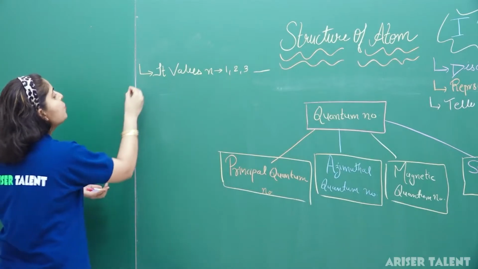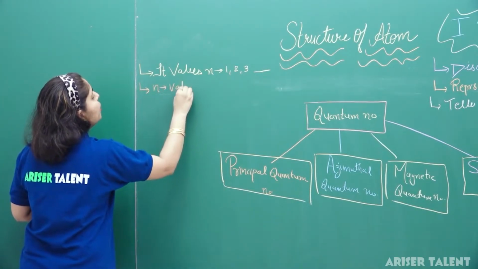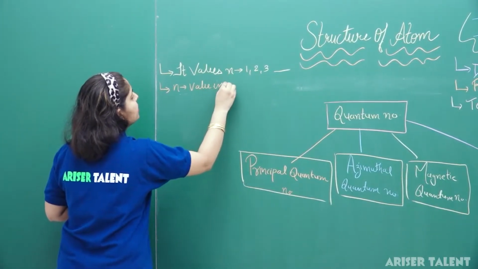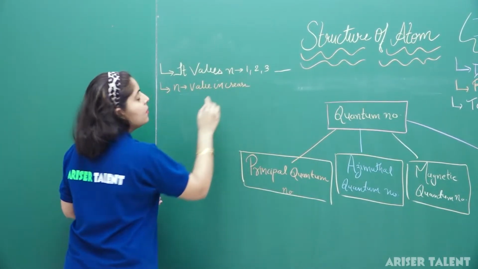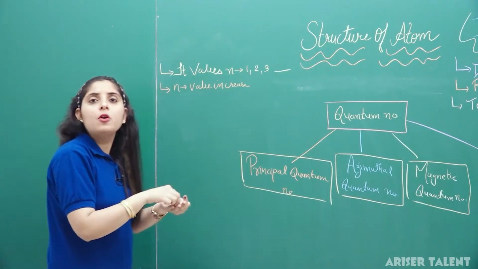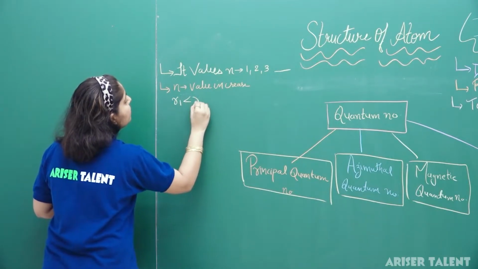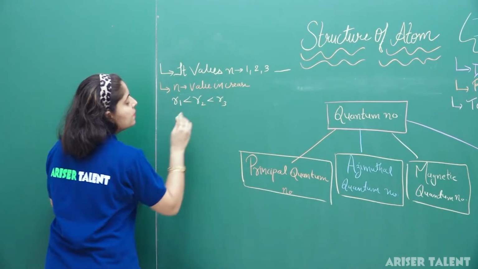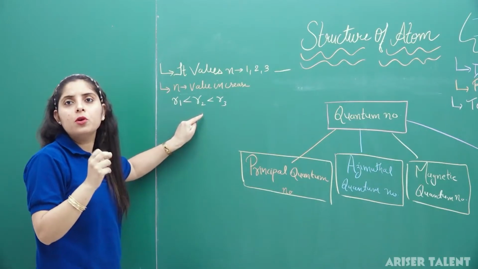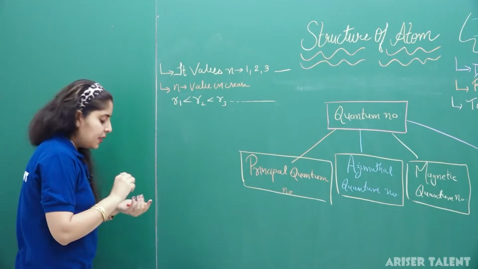So our next point is, if the n value gets increased, the distance from the center to the outermost shell will automatically increase. So we have R1, R2, R3. These are the distances of the electron from the center, and they will keep on increasing.